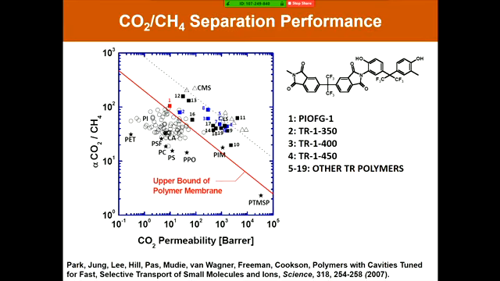An indication of that is shown here for CO2 over methane, but a plot for oxygen nitrogen would look similar. And it shows that these materials, the ones that are numbered 1 through 19 or so, are members of this family of materials, all have combinations of permeability and selectivity that are outside or above that original upper bound.